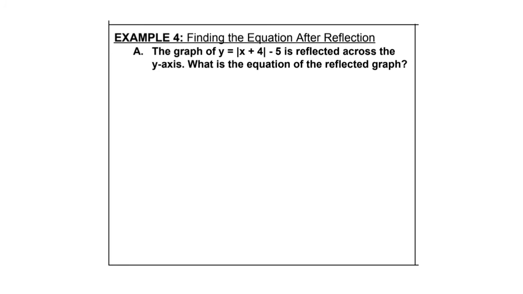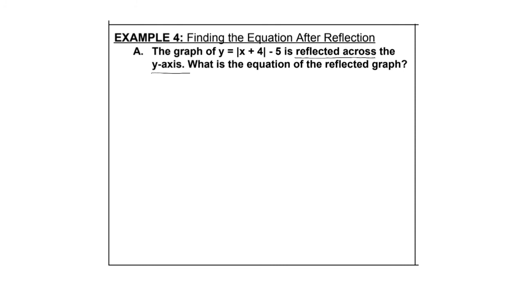So this one says the graph of y equals absolute value of x plus 4 minus 5 is reflected across the y-axis. What is the equation of the reflected graph? So we're doing a reflection across the y-axis.